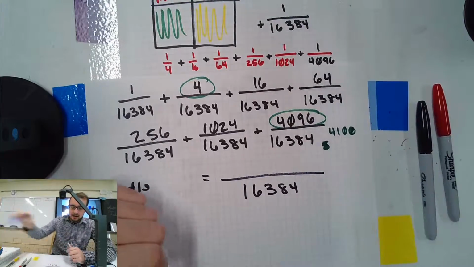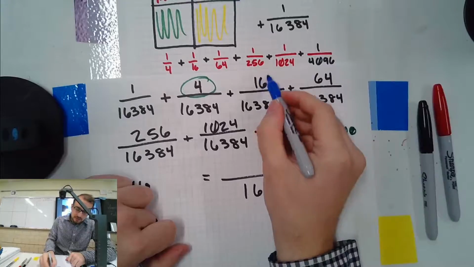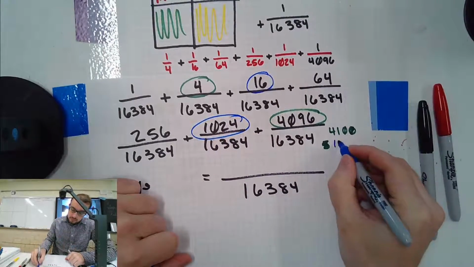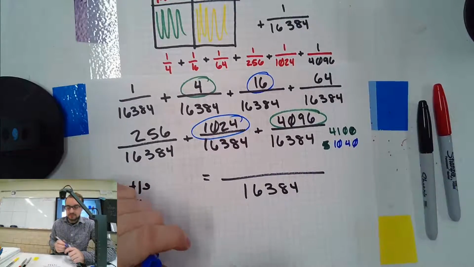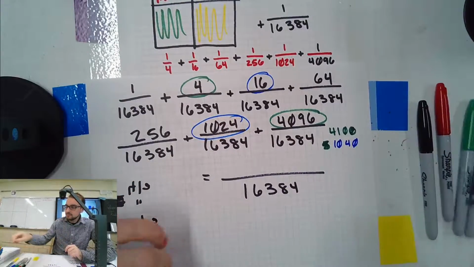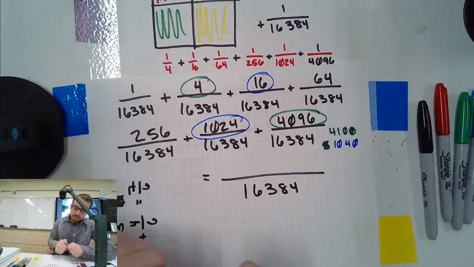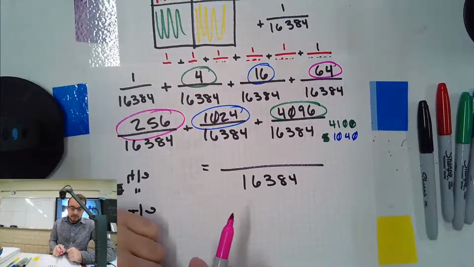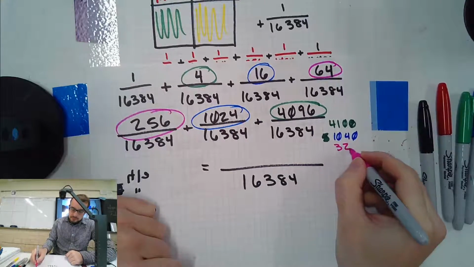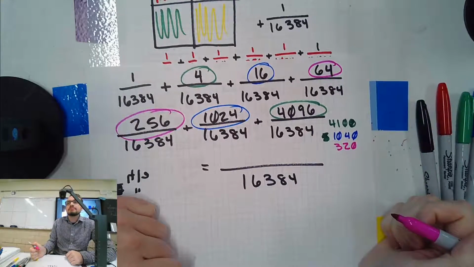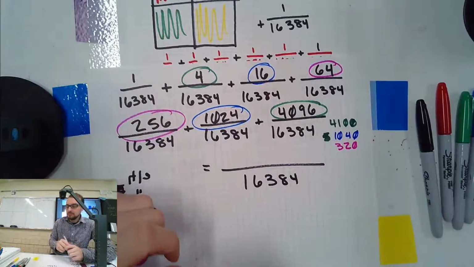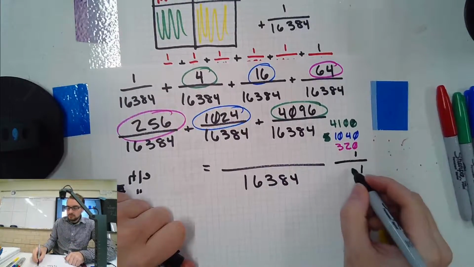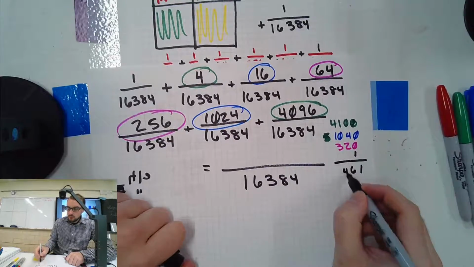What about these two? 1040. These ones aren't as nice, but they still work out. Let's add those two together. And then 1, right? And 1. So that's 1, 6, 4, 5.